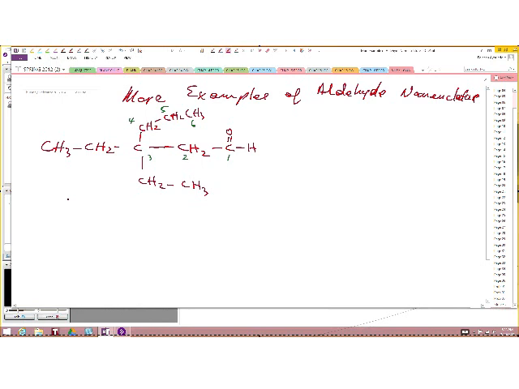So what would be the name of this? 3, very good. 3, diethyl, right? Now, because in this case, this is a substituent, the ethyl group right here, and this is another substituent.